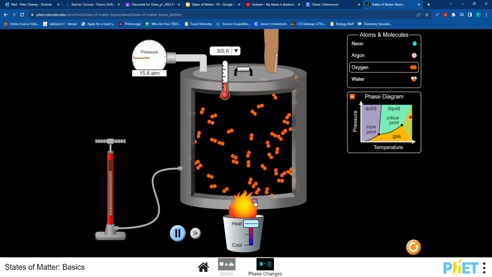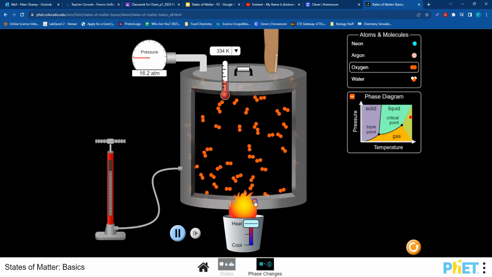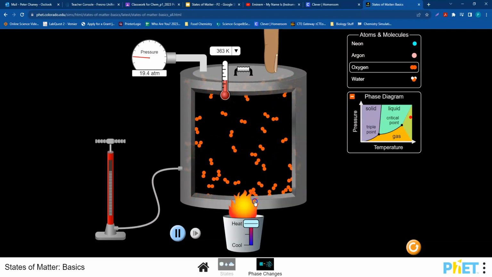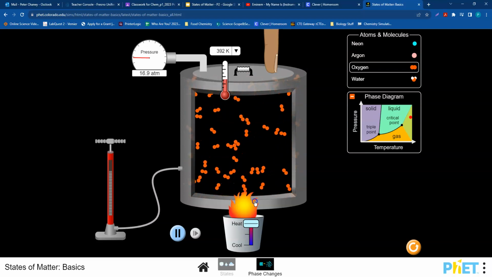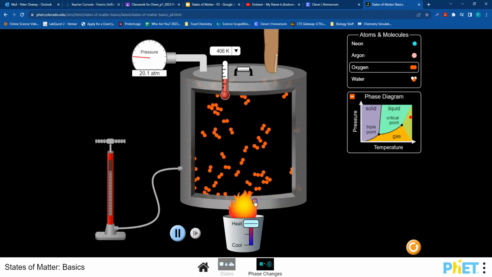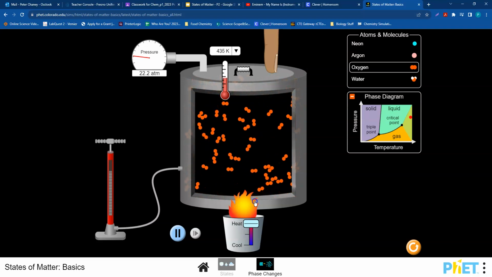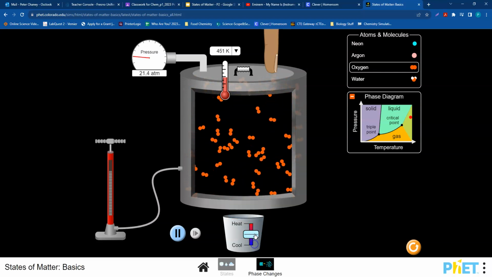So basically the concept that we're trying to reinforce is that the hotter the gas, the bigger the pressure. So once we get this up to 450 K, we're going to let it kind of settle, and we're going to figure out what our pressure is. So we're almost there at 450 K, and there we go.